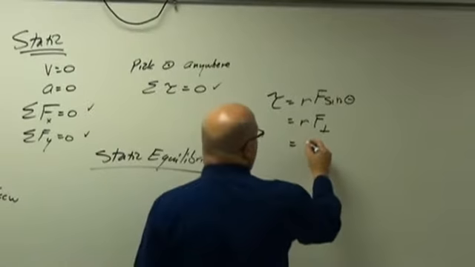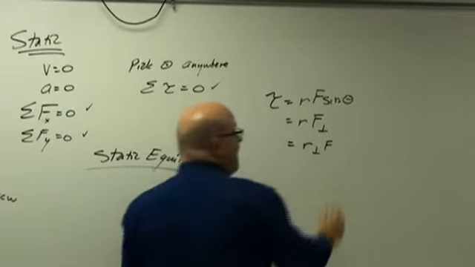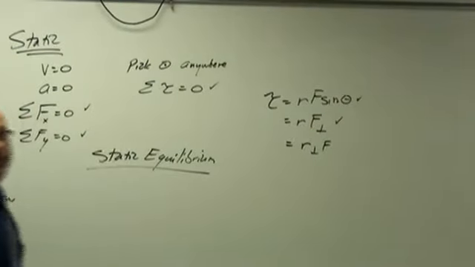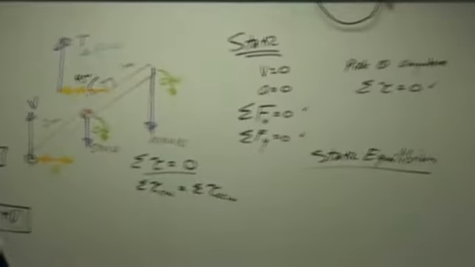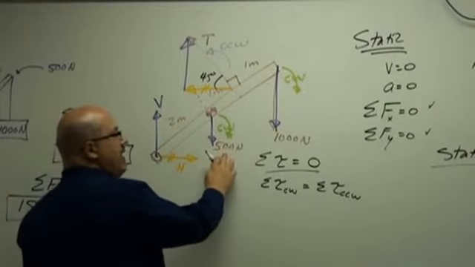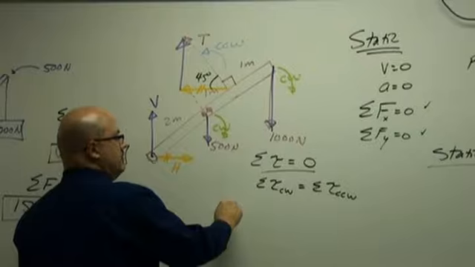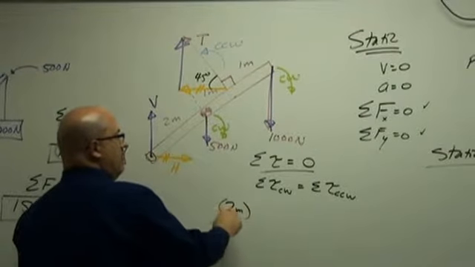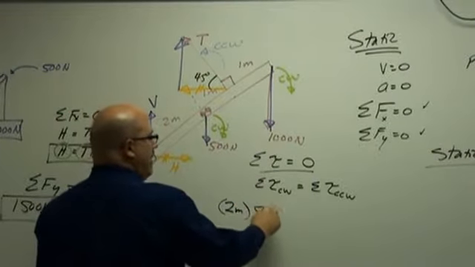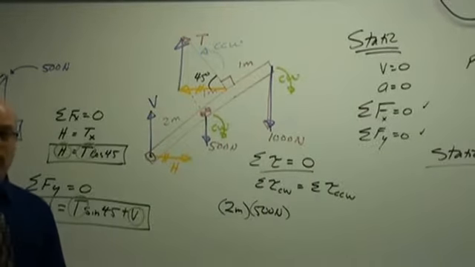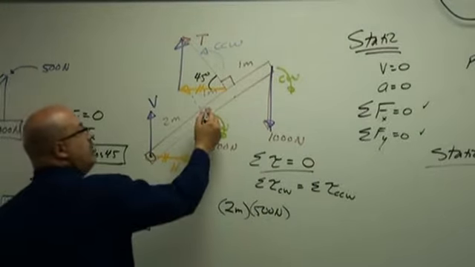Also it could be R perpendicular times F, but we generally will use one of these two most of the time. All right? So, let's start with the 500. Radius, what do we say? 2 meters. The force, 500 newtons. But it's angle, perpendicular. Okay, let's find the perpendicular part.